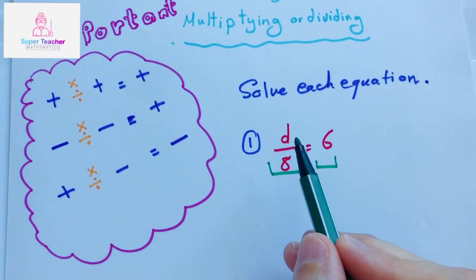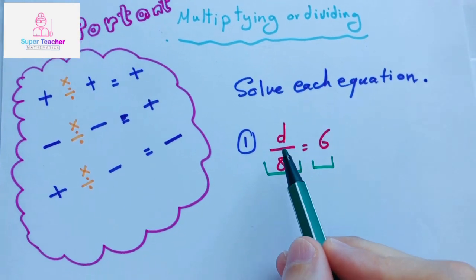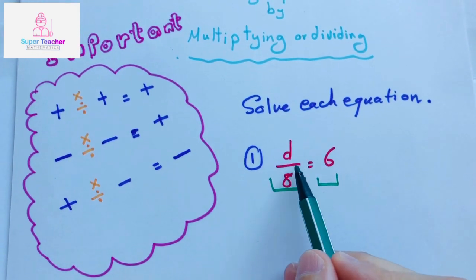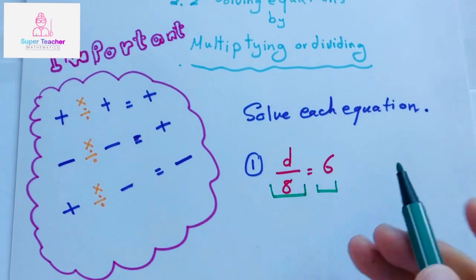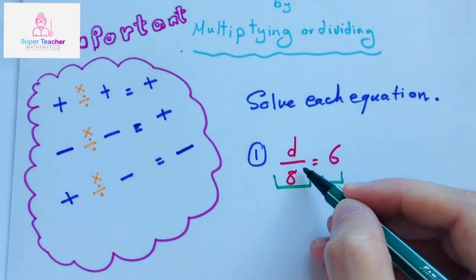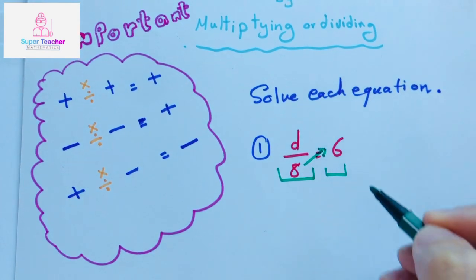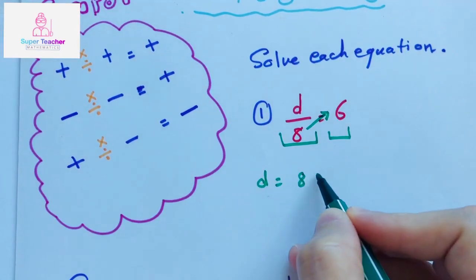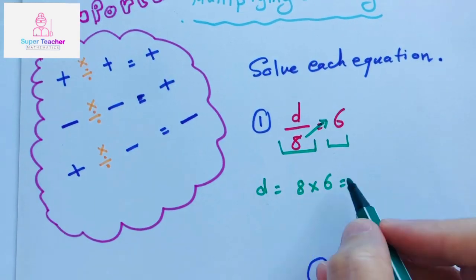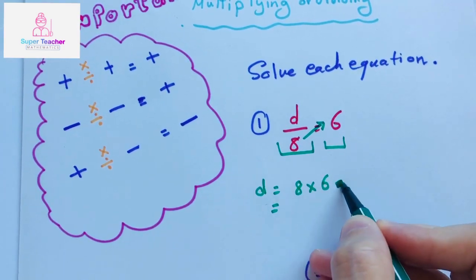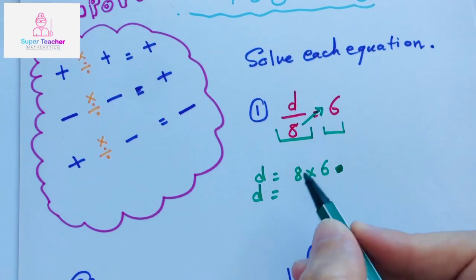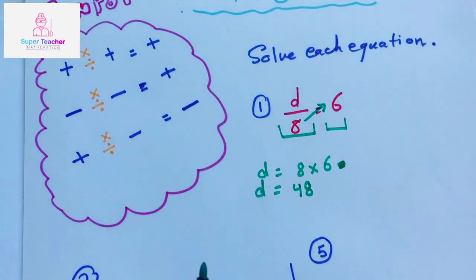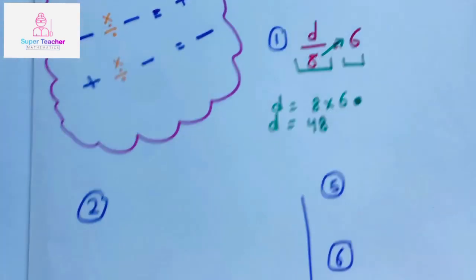I want to keep the D alone. How to keep the D alone? By doing the opposite of this operation. This is divide. So what is the inverse of divide? Yes, multiply. So I'm going to multiply 8 by 6. So D equals 8 times 6, better to keep it under each other, D equals 48.